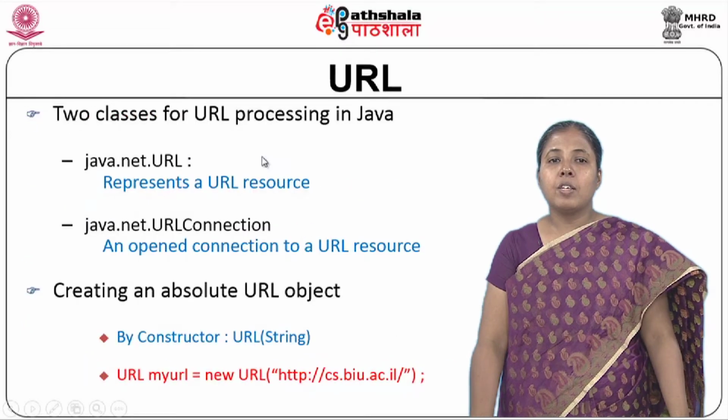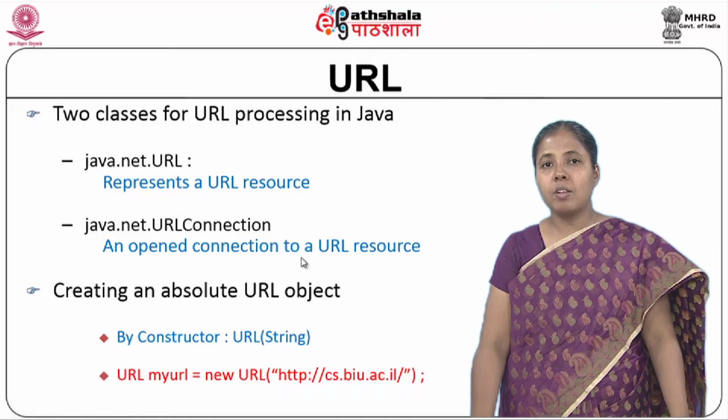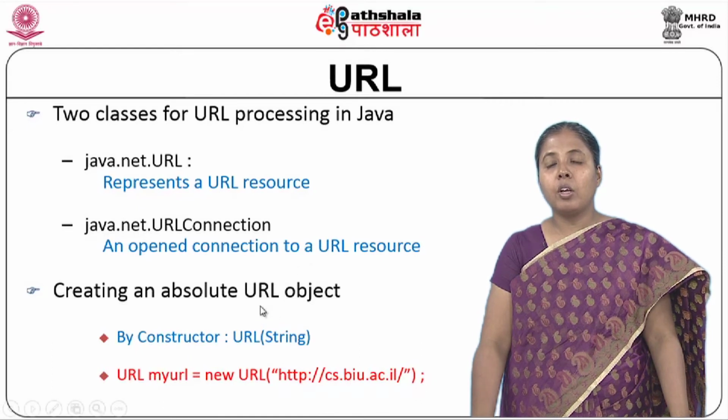And here we can see that there are two classes for URL processing in Java. One is the URL class, the other one is the URLConnection class. The URL class represents a URL resource, and the URLConnection class represents an open connection to a URL resource.